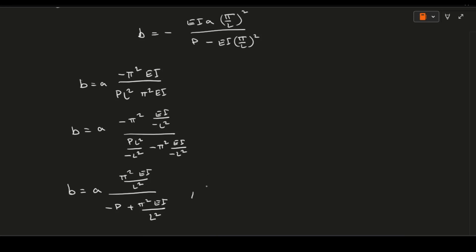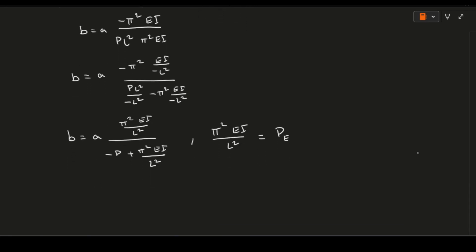If we use the fact that pi squared EI over L squared is equal to P sub E, it looks like the critical force.